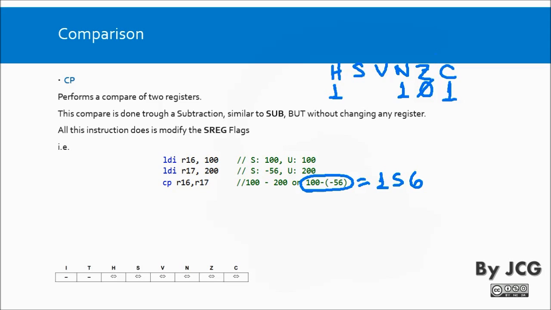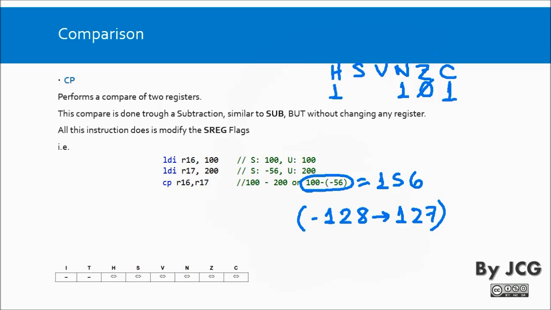However, if you consider an 8-bit number with sign, you know that the limits of this number are from minus 128, this is the most negative value you can have in 8 bits, to 127, this is the most positive value that you can have with 8 bits.